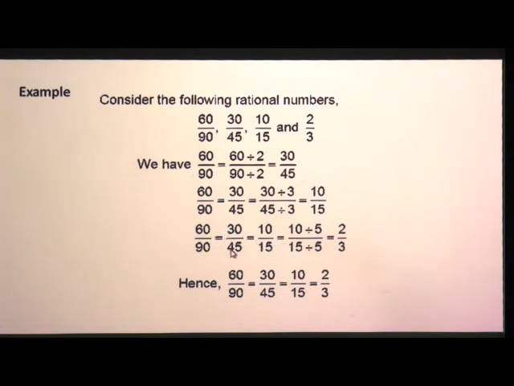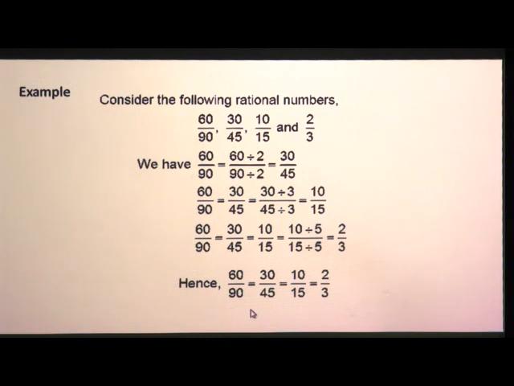So, after reducing by 2, by 3, by 5, you get the rational number 2 upon 3, all of which are equal to each other, or we can say they are equivalent rational numbers. So, by multiplication we found more rational numbers, and here by division we found equivalent rational numbers.